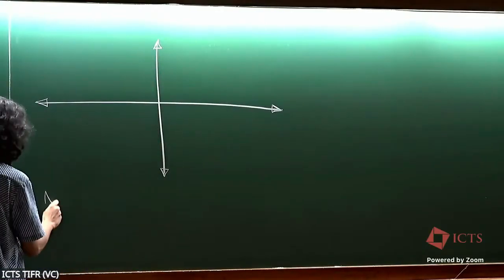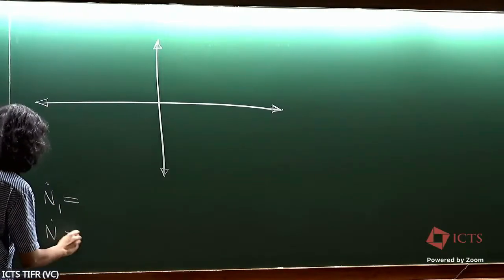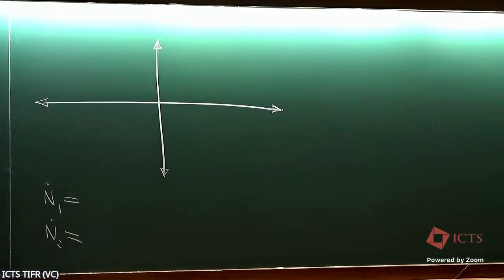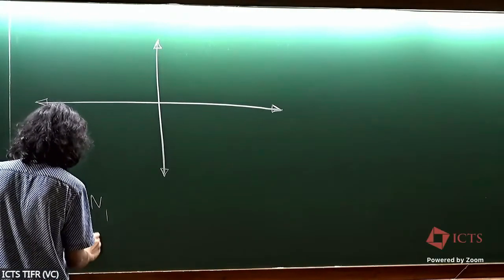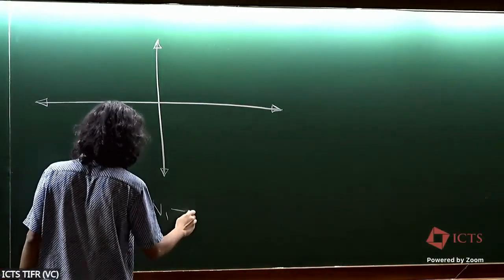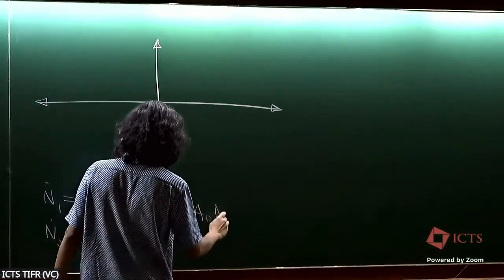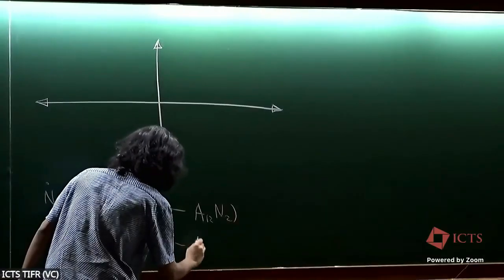Just to remind you, the 2 species Lotka-Volterra model concerns writing down the dynamics of 2 species with abundances N1 and N2 in a single patch with no noise that interact with each other. And yesterday, we came up with this idea that we're going to write down a simplified version of these dynamics of the following form.